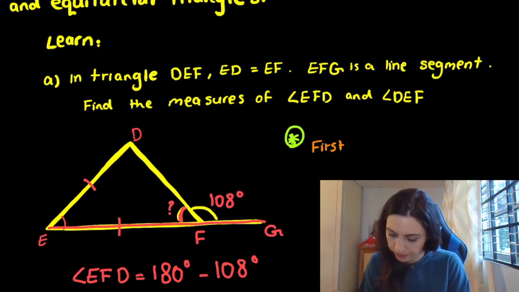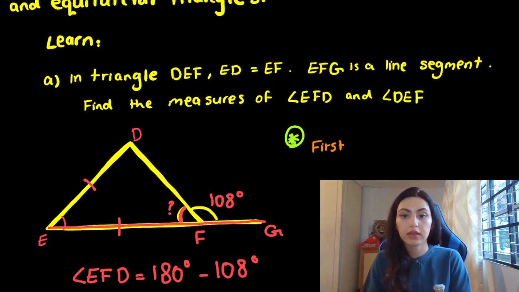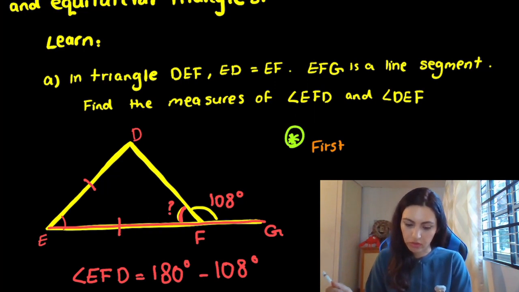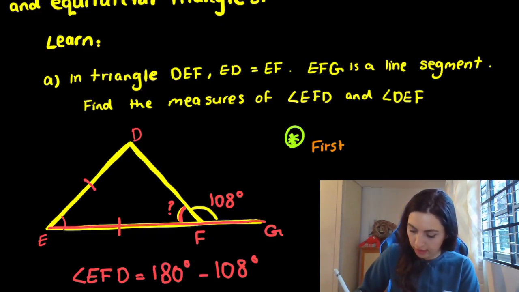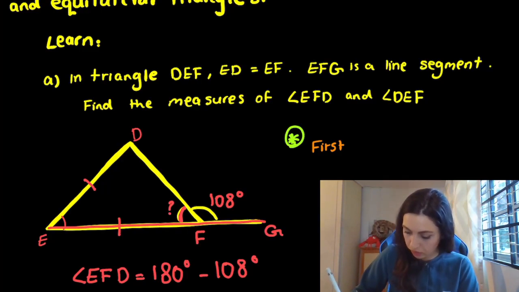EDF. So if you want to find EDF, you have to do 180 minus an exterior angle. That's how you get 72 degrees. Also, if you want to find angle DEF, which is this angle, you have to do the same thing.